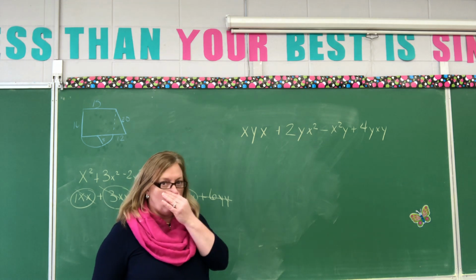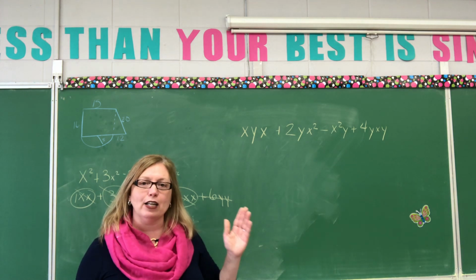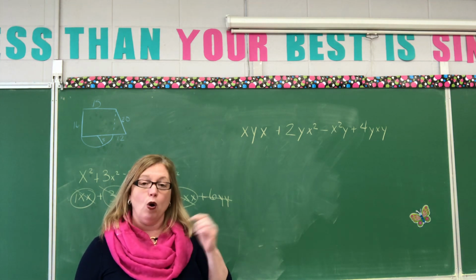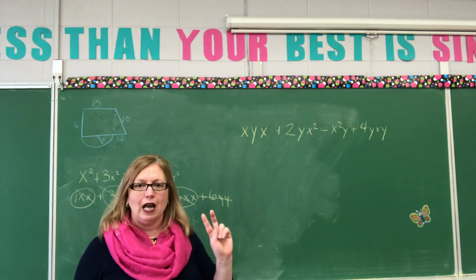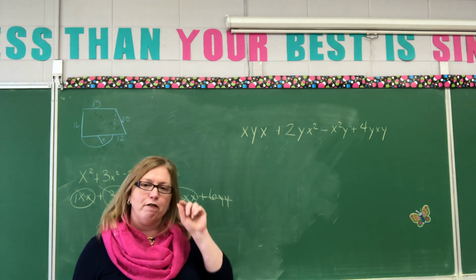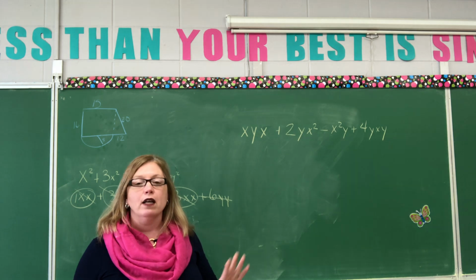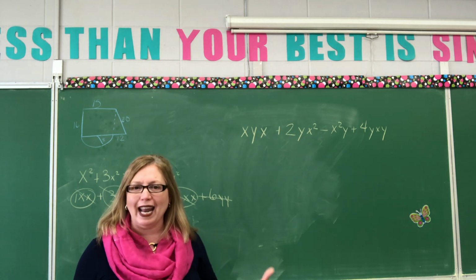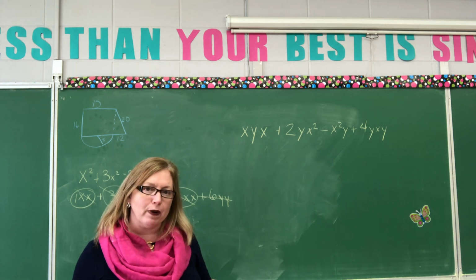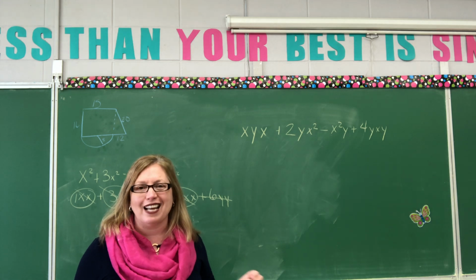Now, when we're multiplying, I can say 2 times 3 is 6 or 3 times 2 is 6. I can move those factors around within a multiplication problem all I want. Doesn't change the value, doesn't change our answer. That is true even if what I am multiplying is an x or a y.